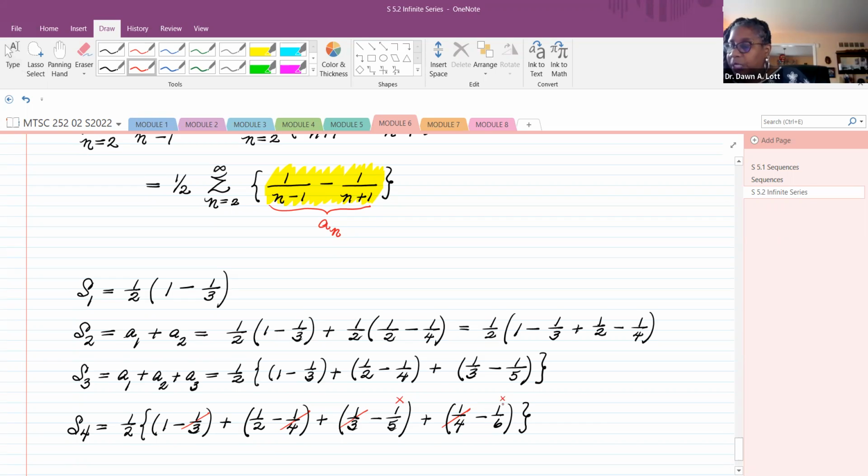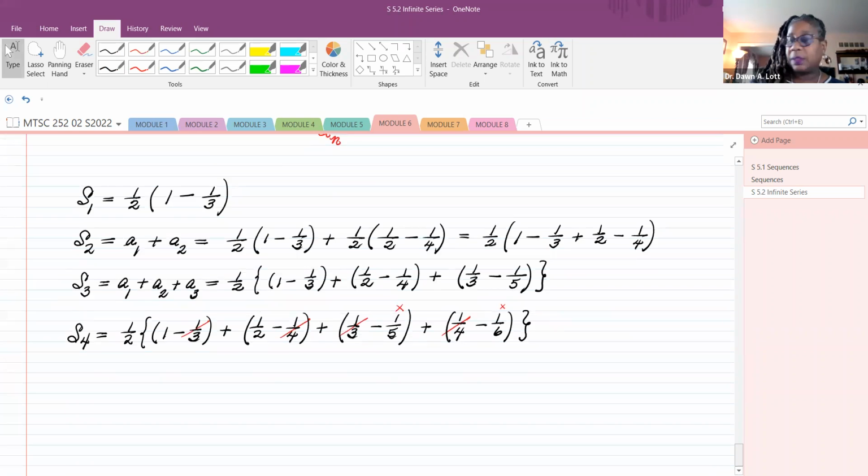So every term keeps dropping out except for the last term, which is the 1/n+1. So if I go to the nth term, everything is going to cancel out from before except for the 1/n+1. So the n plus first term, so Sn is 1/2.